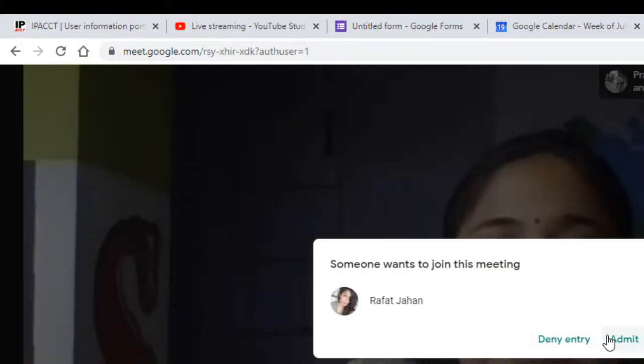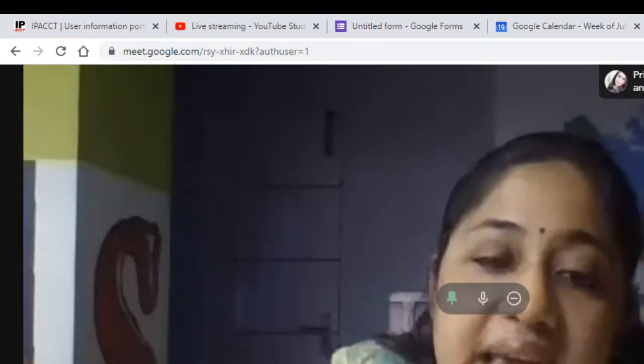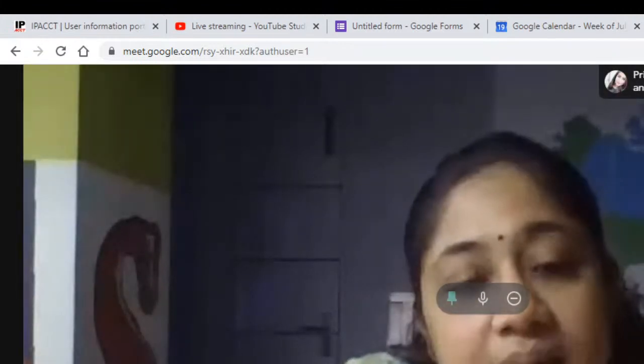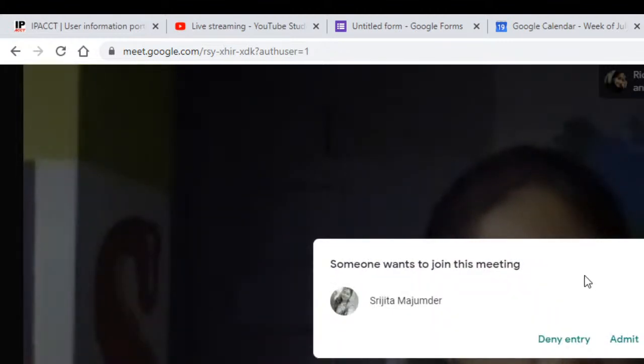I hope you can understand the meaning of admissibility: it is the acceptability criteria of any evidence. Similarly, in case of electronic evidence also, there are certain criteria which make the evidence acceptable, or maybe rejected. So these two criteria of relevancy and admissibility are very much important, even when we talk about electronic evidence.